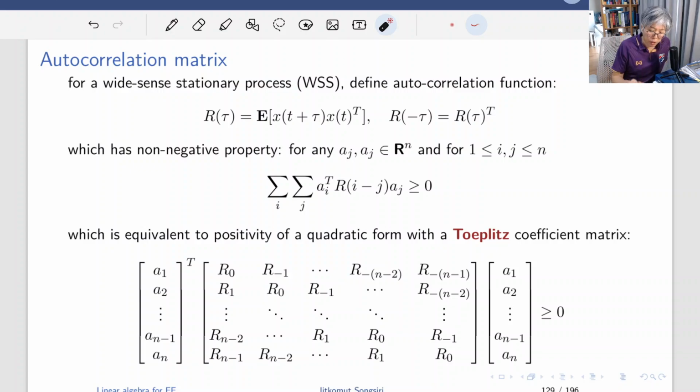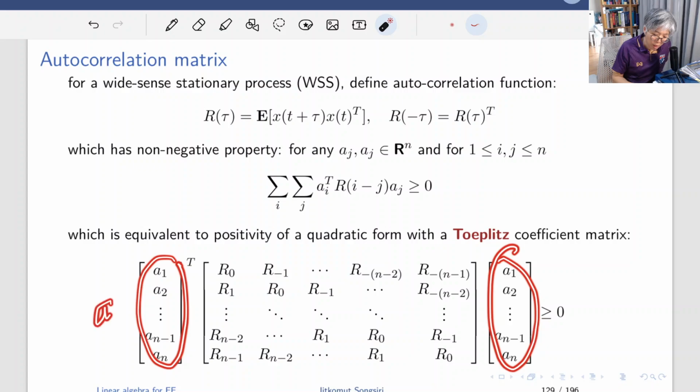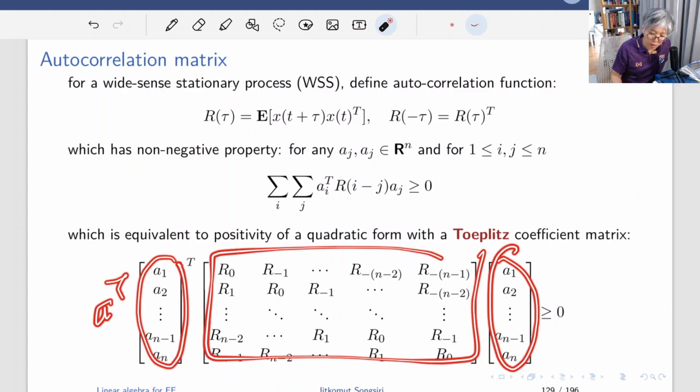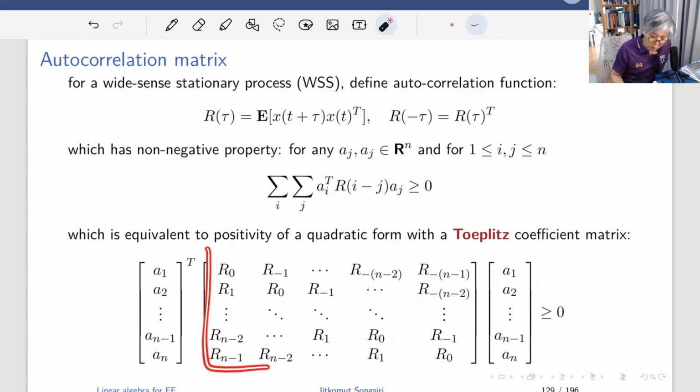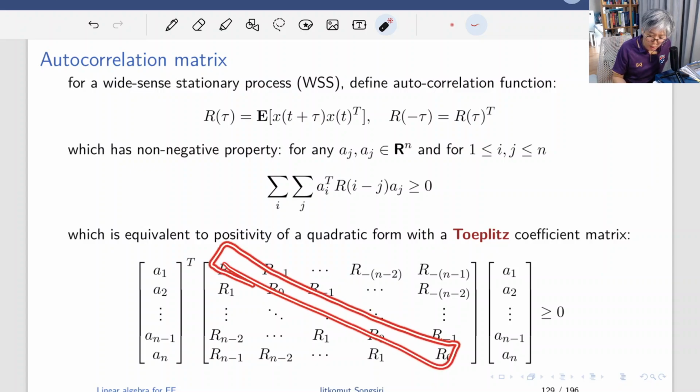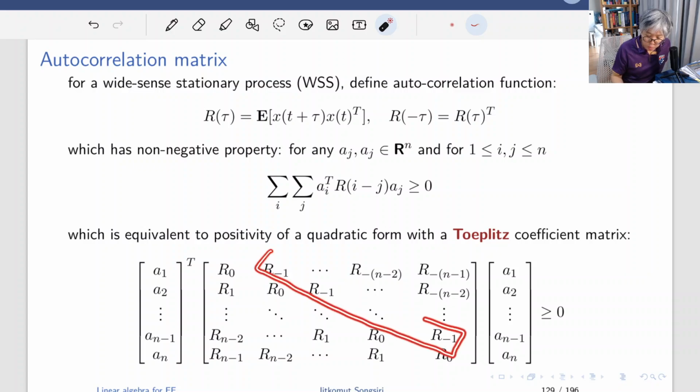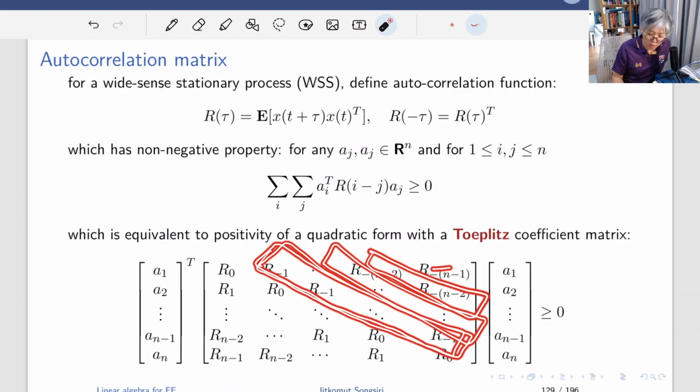But when you lay out that quadratic function into a matrix vector form, a transpose some matrix A, that matrix actually has a Toeplitz structure, because the diagonal is going to be the autocorrelation function at lag 0. On the next one, the super diagonal, it's going to be the autocorrelation at lag -1, lag -2, lag -3, and so on.